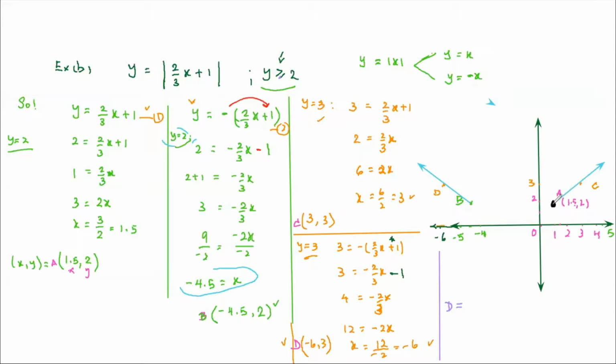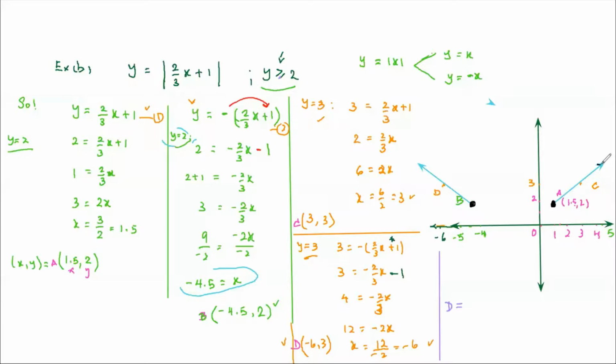And this side also, because y is 2 right here, this point should be a black dot also, because it says greater than or equal to 2. Both sides end with an arrow sign. See this?